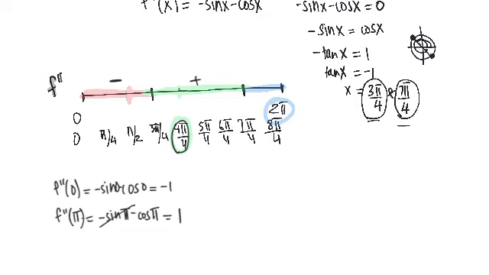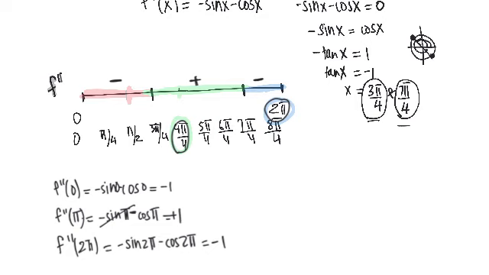So that big negative of -1, that's +1. So it's positive here. And then for f double prime, don't make any assumptions. It's not always minus, plus, minus, or anything like that. You have to pick a point and check. So we'll check f double prime of 2 pi: minus sine 2 pi minus cosine 2 pi. Sine 2 pi is 0, cosine 2 pi is 1, so this is -1, so it is negative here.